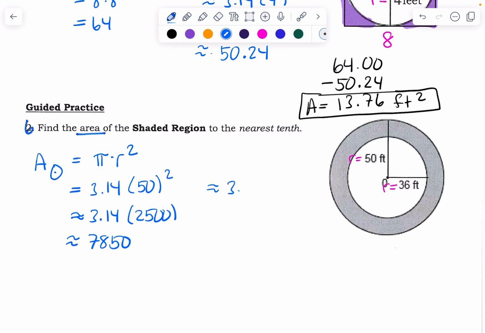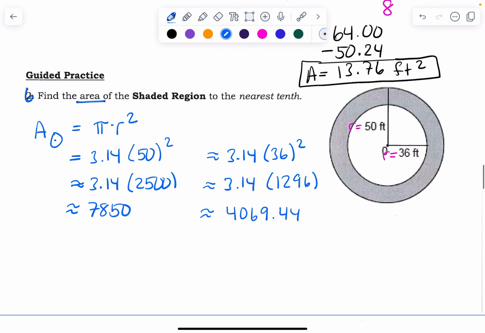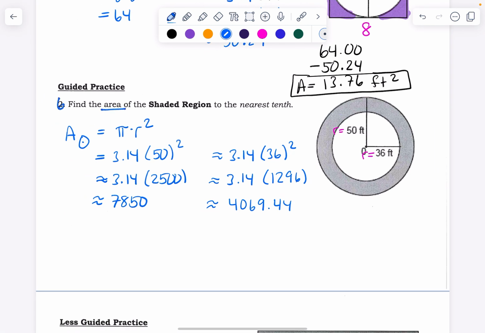So I would have 3.14 times 36 squared. 36 squared is 1,296. And times that by pi, you would get 4,069.44. Now, what do we do with those two numbers?